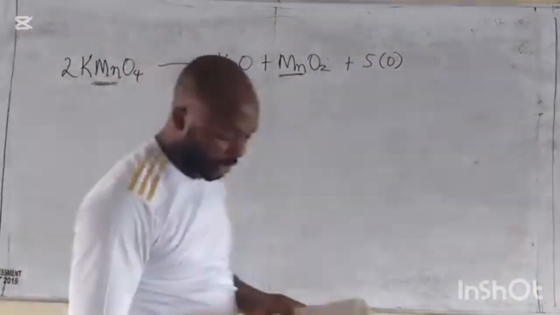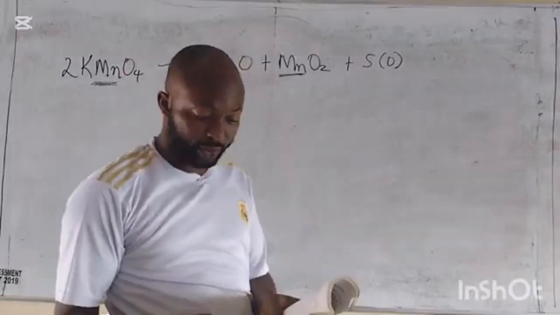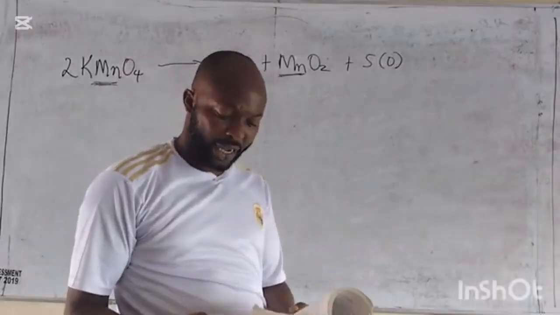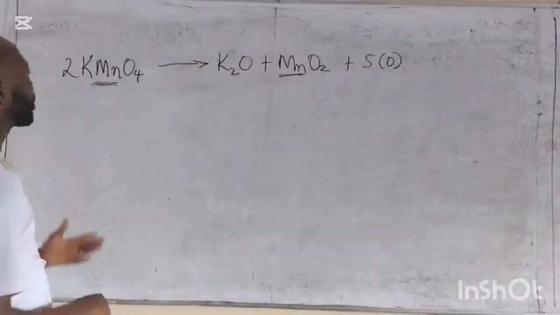They say we should calculate the changes in the oxidation number of the following atoms in bold print at the beginning and at the end of the following reactions. And we should tell if it is oxidation or reduction.